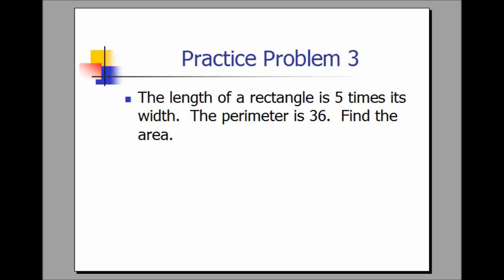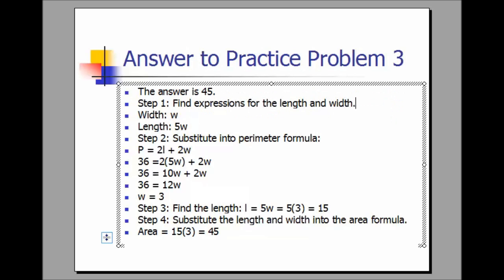Practice problem 3. The length of a rectangle is 5 times its width. The perimeter is 36. Find the area. The answer is 45. Step 1 is to find expressions for the length and width. The width equals W. We're told that the length is 5 times the width, or 5W.